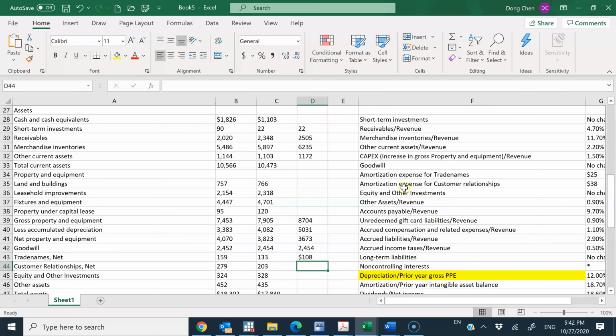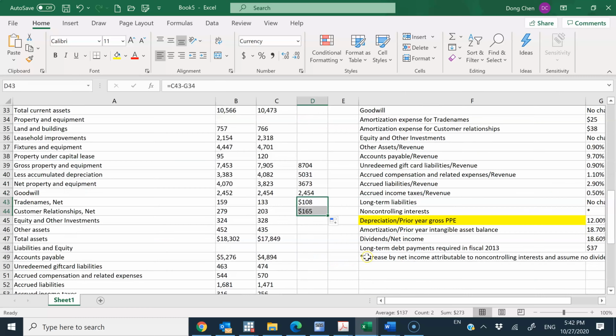So the same is true for the customer relationship. There's also amortization expense for that. So the new net customer relationships is basically the current level of the net customer relationships minus the amortization expense for customer relationships. So it's basically the same relationship as the trade names. So we can just pull the cells down and it will automatically calculate the new customer relationships.